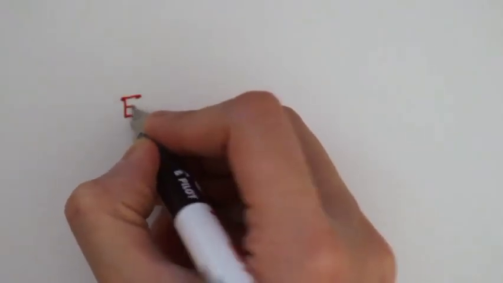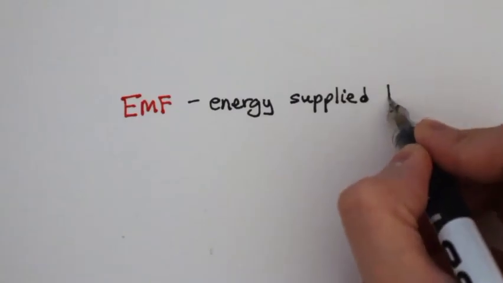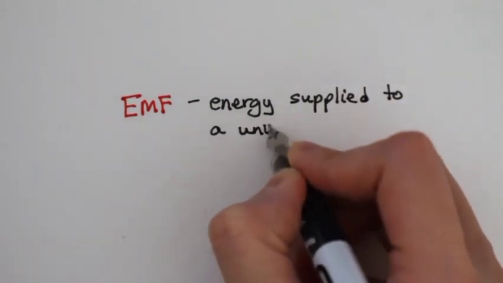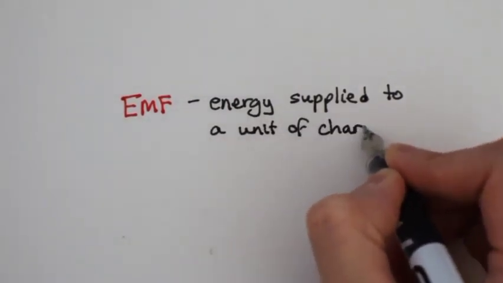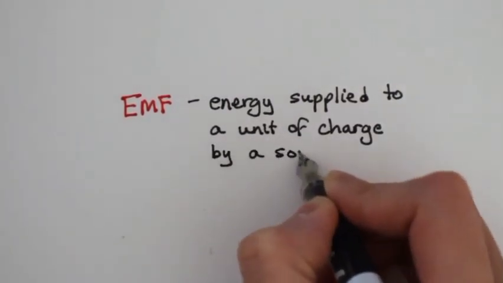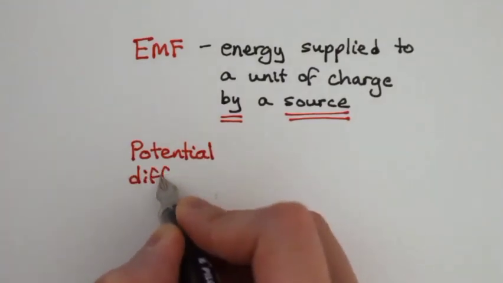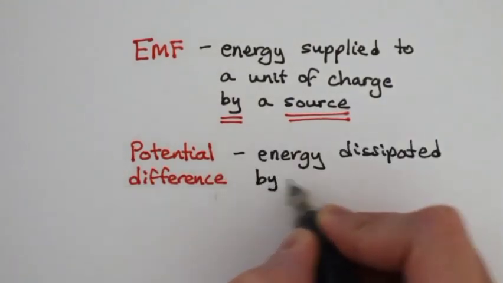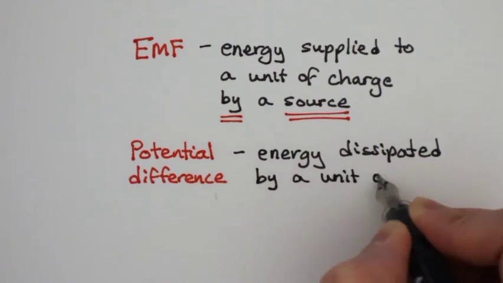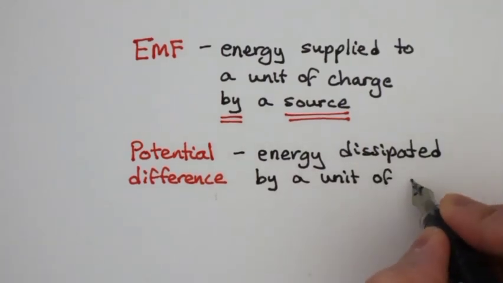So when we talk about EMF, that is the energy supplied to a unit of charge by a source. And in this process, the energy transfer is from other types of energy into electrical energy. But when we refer to potential difference, that's the energy dissipated by a unit of charge when it goes through a component.